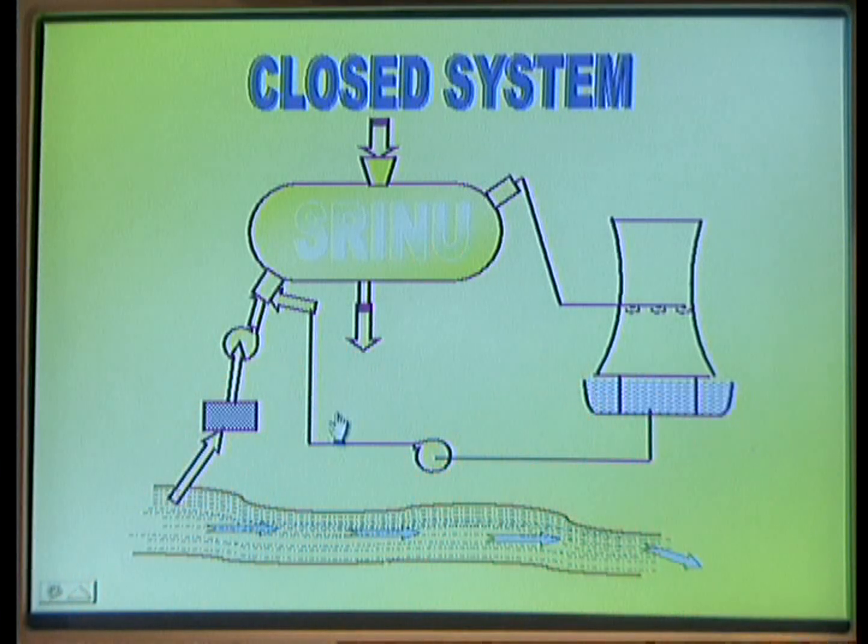Let us go to the other system, that is the closed system. In a closed system, where the water available is limited, the process is the same, but the hot water output of the condenser is cooled by cooling towers. Even by using cooling towers, the water required is large.